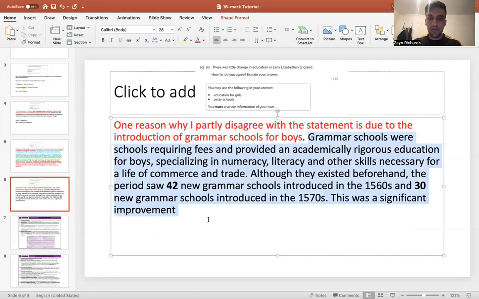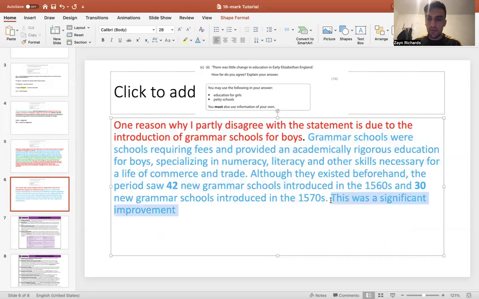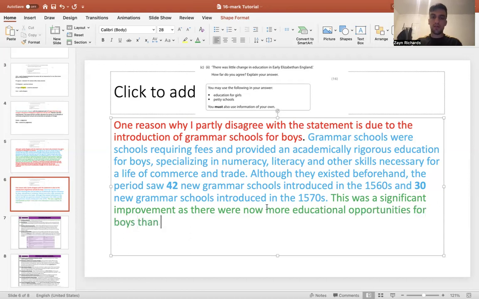Okay, and we've got our evidence now. Oh, hang on, sorry. Let me just put that into green. Okay. So then I'm going to say this was a significant improvement as there were now more educational opportunities for boys than existed beforehand.